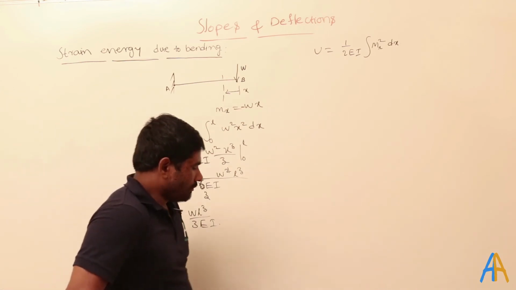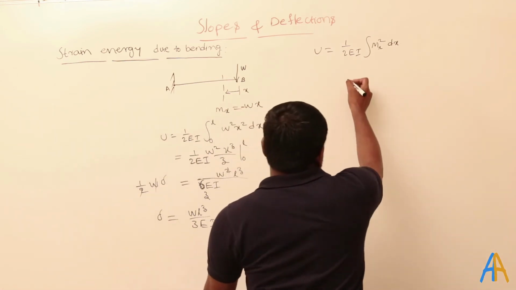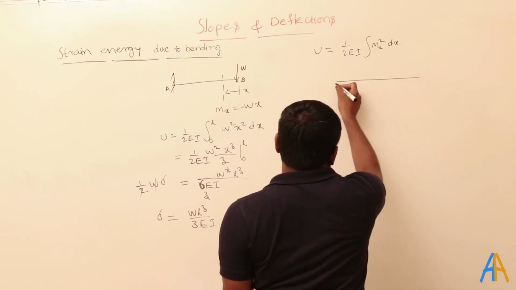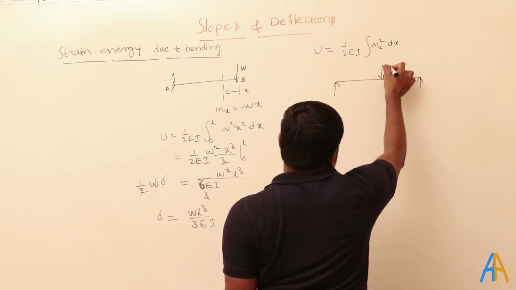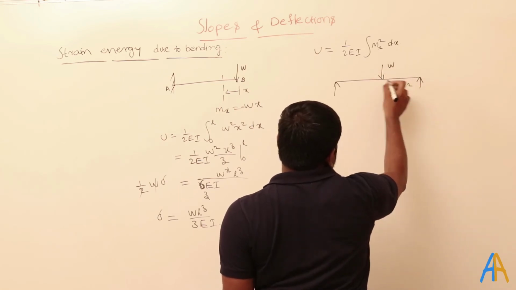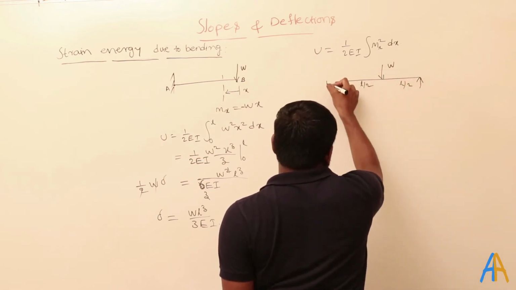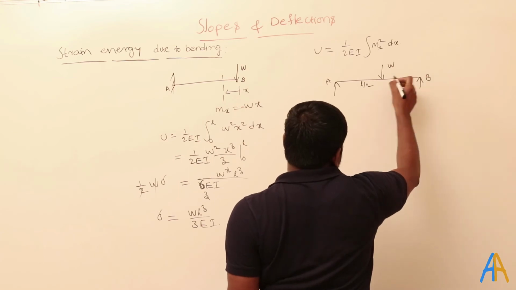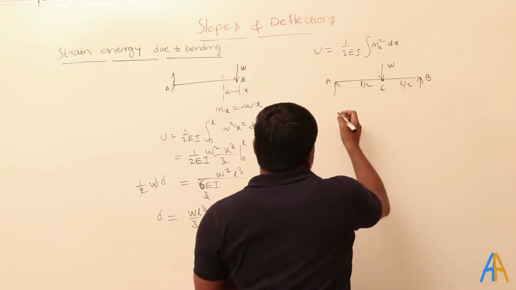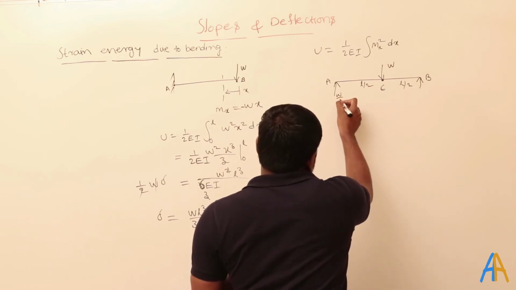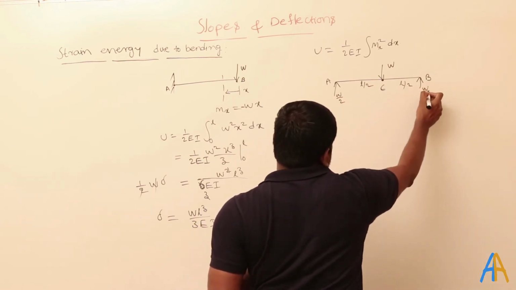In the same manner, consider a simply supported beam with W acting in the middle, at L by 2. This is A, this is B, and the point here is C. The reactions are W by 2 at each end.